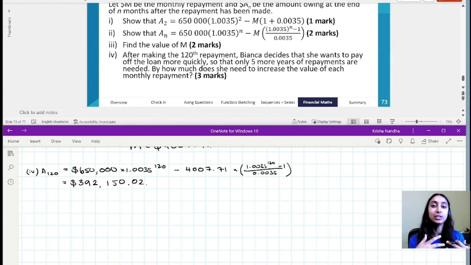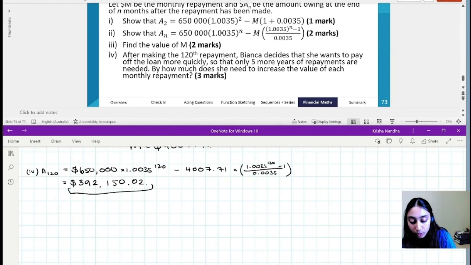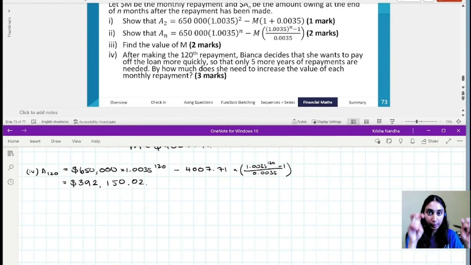So because I need to make a whole new pattern to figure out how much she needs to pay now, I am going to make this value my new P, my principal.